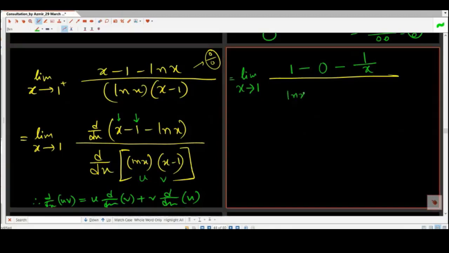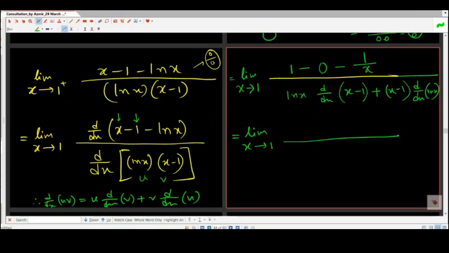So u d/dx of v plus v d/dx of u. So we have limit x tends to 1, 1 negative 1 over x. In the denominator, natural log of x, differentiation of x will be 1, differentiation of 1 is 0.